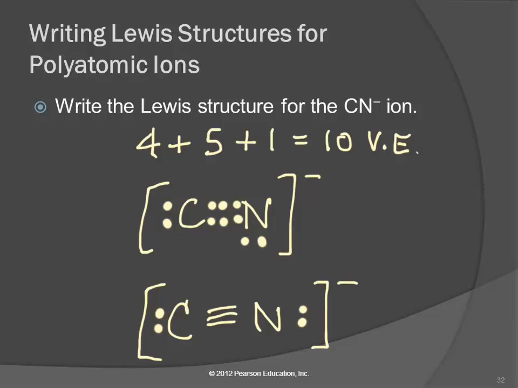They'd each have 10, right? Because you count all the shared ones for each. So if we shared 4 bonds, well, one of them would have 8, the other would have 10. But it wouldn't be right. Any other questions?